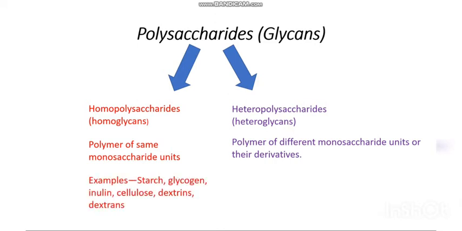Examples of homoglycans are starch, glycogen, inulin, cellulose, dextrin, and dextran. An example of a heteropolysaccharide is mucopolysaccharide, also called glycosaminoglycans.